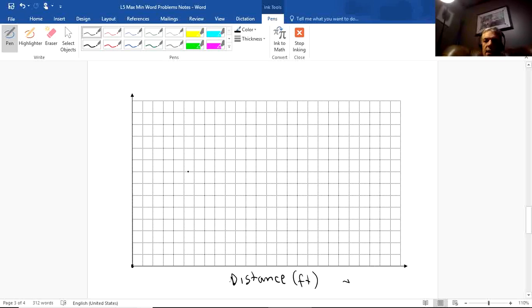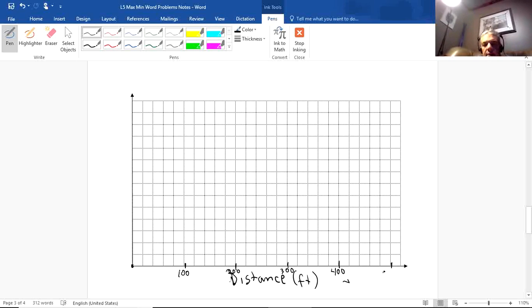And so the ball is going to be hit like this. I think we understand that the trajectory is going to look something like that. And so I'm going to go 1, 2, 3, 4, 5, and say this is 100 feet. 1, 2, 3, 4, 5, that's 200 feet. 1, 2, 3, 4, 5, and this is 300 feet. 1, 2, 3, 4, 5, and this is 400 feet. 1, 2, 3, 4, 5, and this is 500 feet.